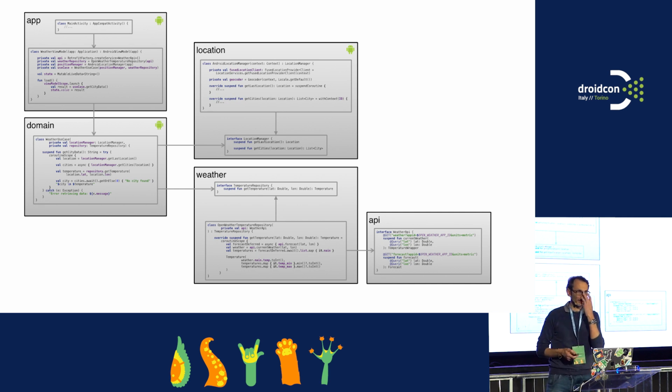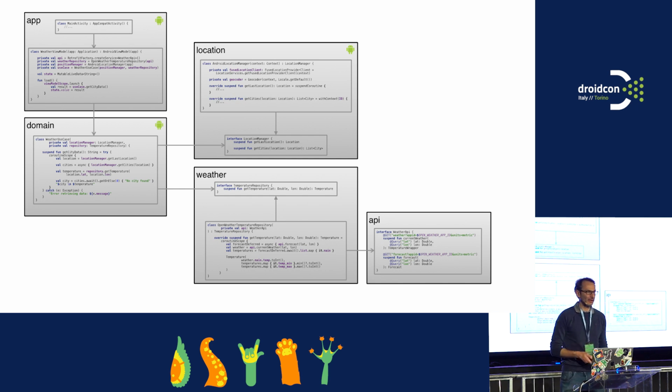Okay, we know that in Android Studio we can define a module like an Android module, an Android library, or a standard Java or Kotlin library. Here, obviously, the app is an Android application. The location is an Android library because we are using the context and the Geocoder and other Android stuff.